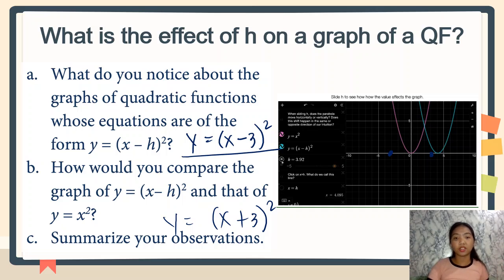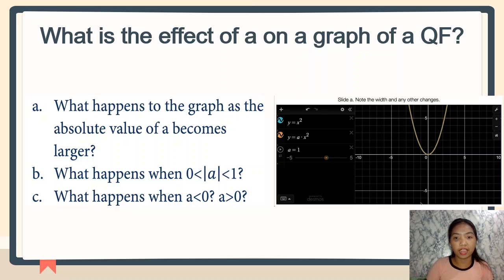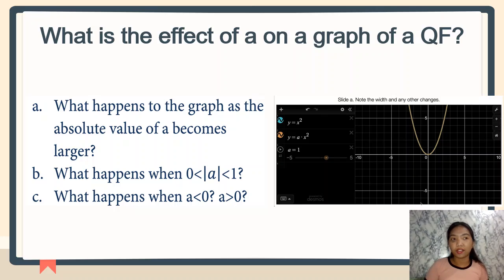Now, let's go to a. Try to observe the effect of a on the graph of a quadratic function. What will happen if a is greater than 1, and if a is greater than 0 but less than 1?